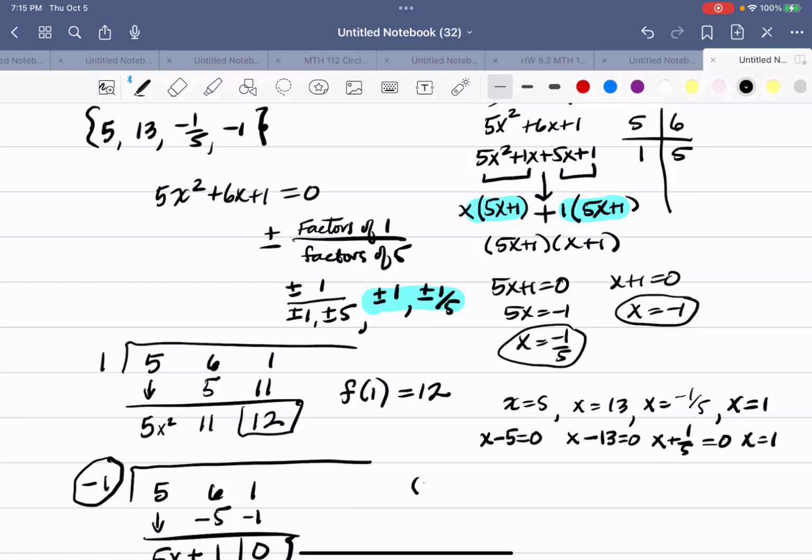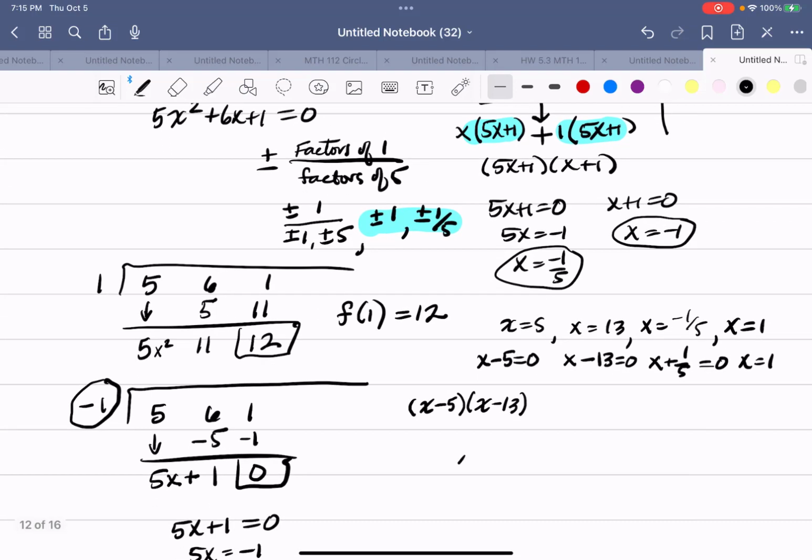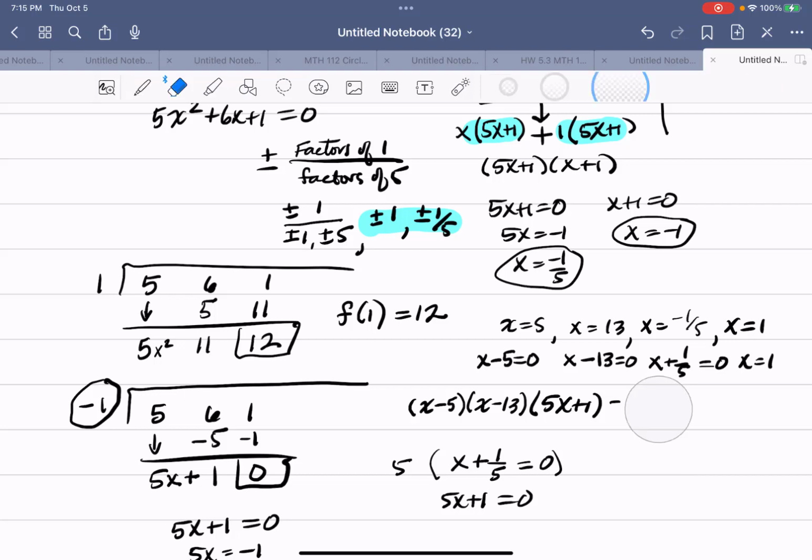So x minus 5 is a factor, x minus 13 is a factor. Now we wouldn't normally put x plus 1/5. What I would do there is multiply everything by 5 to get 5x plus 1 equals 0. So there's my factor, 5x plus 1. And then my last factor is x plus 1.